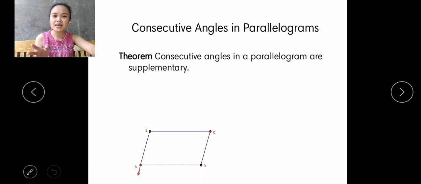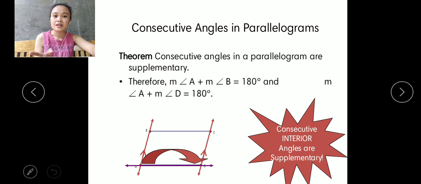When we say supplementary, the measure of the two angles is equal to 180 degrees. Therefore, the measure of angle A plus the measure of angle B is equal to 180 degrees, and the measure of angle A plus the measure of angle D is equal to 180 degrees. Based on the theorem, consecutive angles in a parallelogram are supplementary.